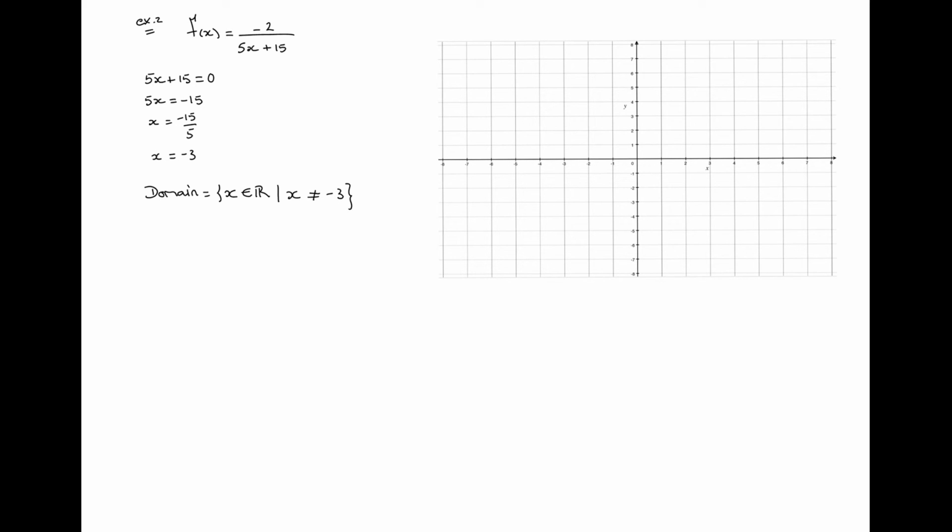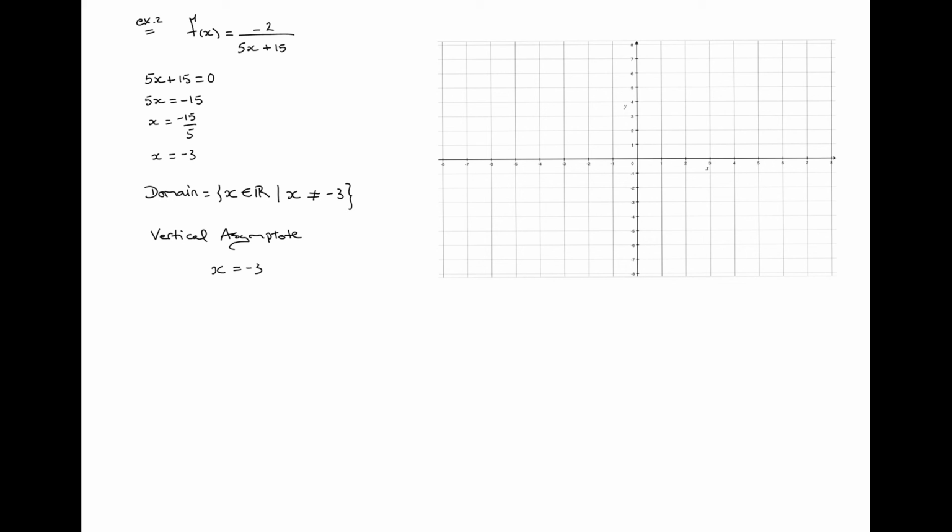And this in turn leads us to see a vertical asymptote along with this curve. We can write its equation: vertical asymptote, which remember is a vertical line that the curve never crosses, has equation x equals negative 3.